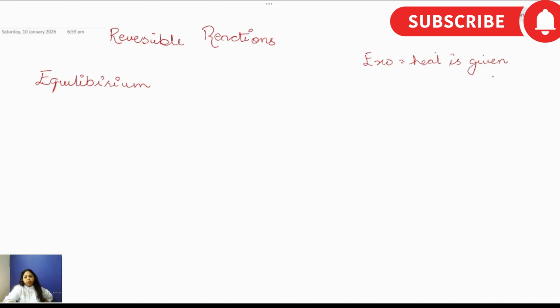So what do you think? If we increase the temperature, what would be the effect on the equilibrium? If the heat is given out, the temperature of the system is already very high, but we are giving it more temperature. What would be the effect? The temperature of the surroundings would increase. Okay.